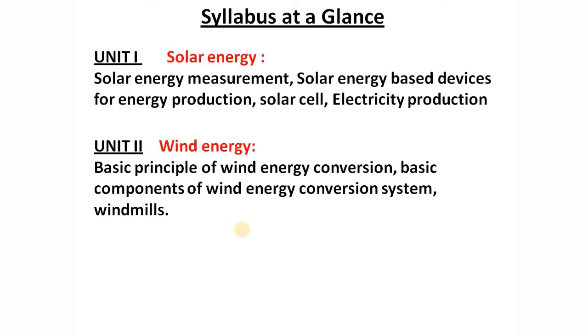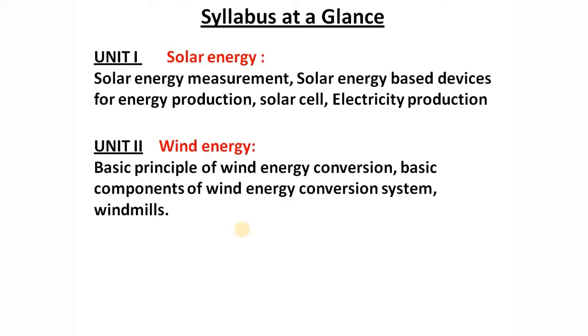In unit 2, you will deal with the basic principles of wind energy conversion, how wind energy is converted into other useful forms of energy. Of course, you can convert wind energy into mechanical energy by rotating turbines, blades or fans, and you can also convert it into electricity or thermal energy.